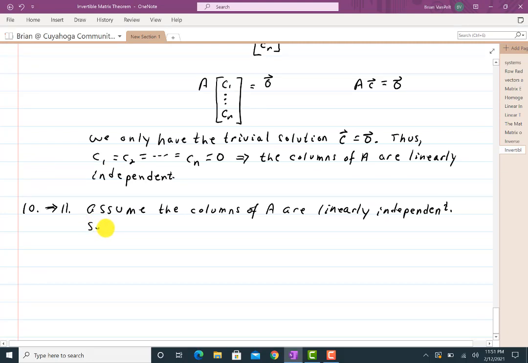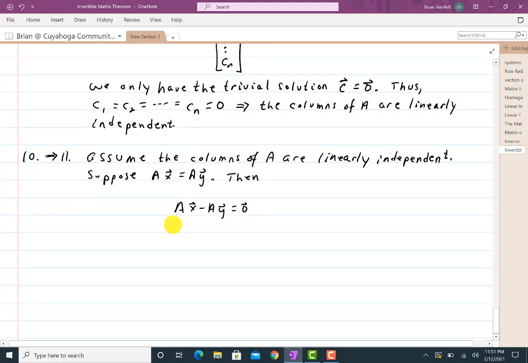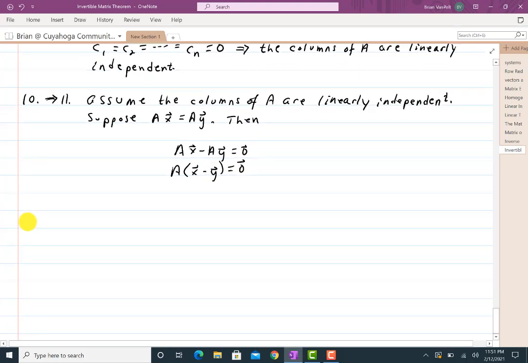Well, suppose AX equals AY. And then I can take that to one side. AX minus AY is the 0 vector. I can factor the A out, so that A times (X minus Y) is the 0 vector.